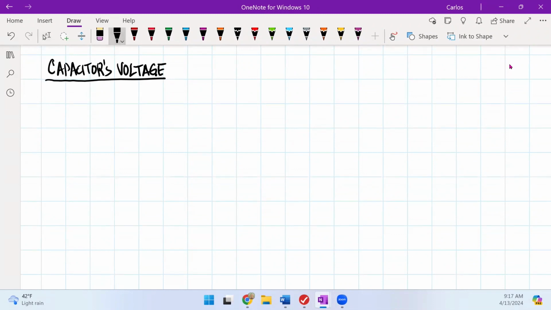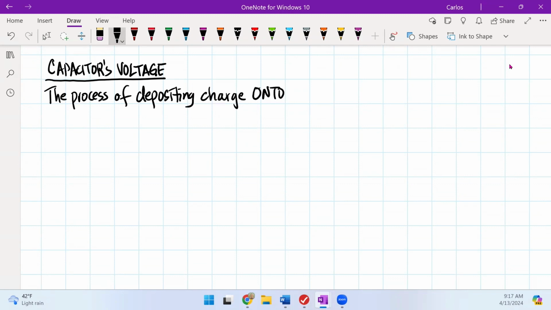So what do we know about the capacitor? The process of depositing charge onto the plates takes time.